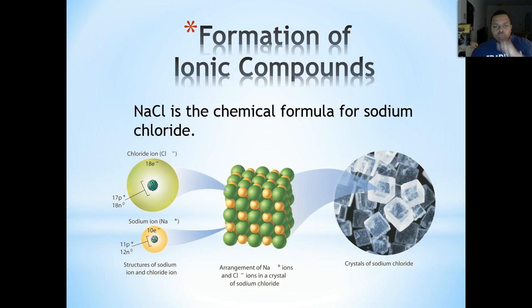Now, we looked at this part before, and so I just want to give an idea of how this is actually going to form. Remember I talked about the fact that we form these crystals with these ionic compounds. Well, what you see in the diagram here is a chloride ion taking on this extra electron, whereas sodium has given away, and because of that they have these charges. Now, these charges don't just go in one direction.